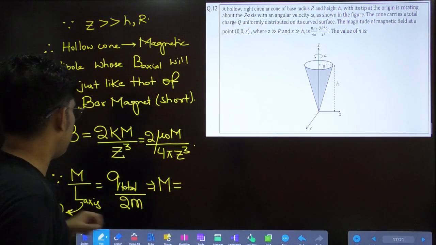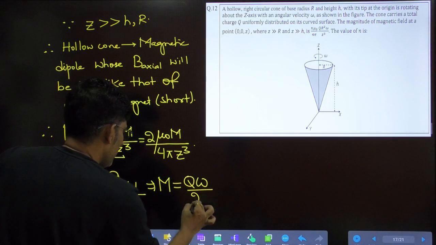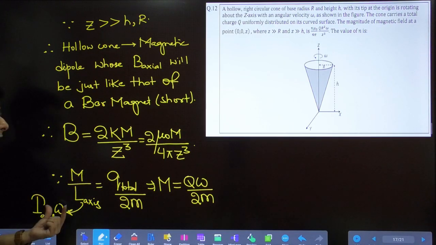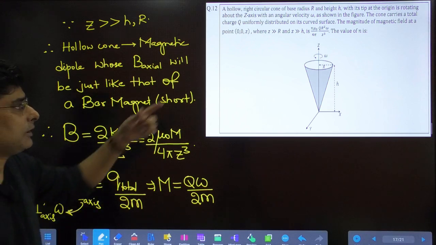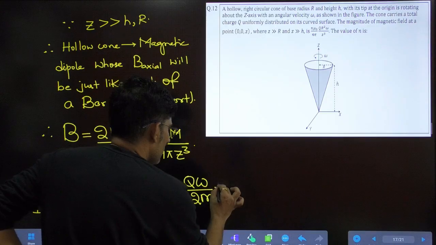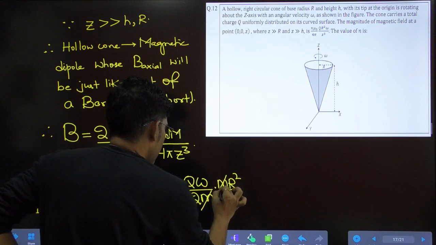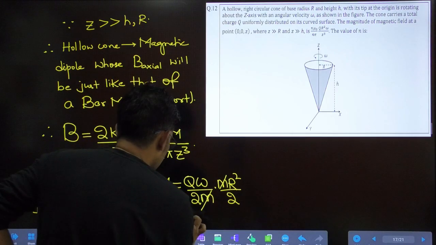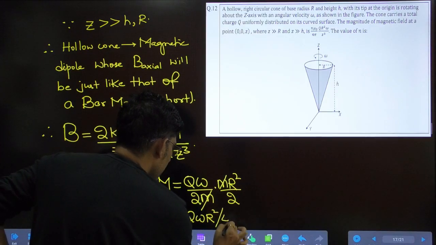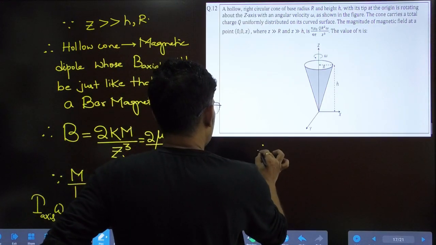The total charge is given as capital Q, omega by 2m. Now angular momentum is I omega. Moment of inertia for a hollow cone about the axis shown is m r square by 2. So m r square by 2 cancels, and we have got q omega r square by 4. So just now we substitute.